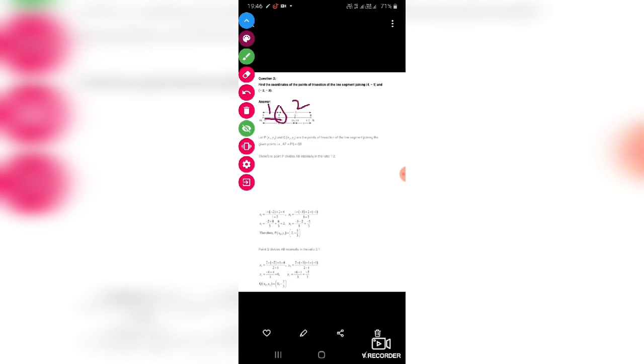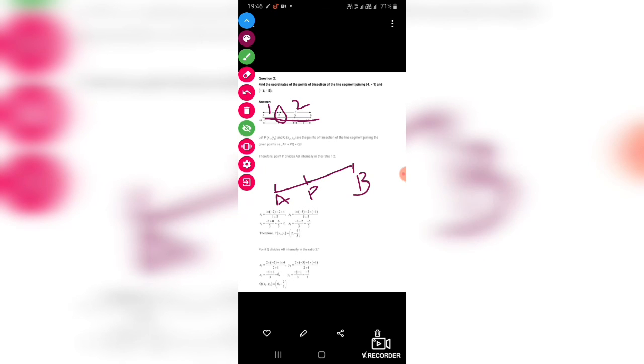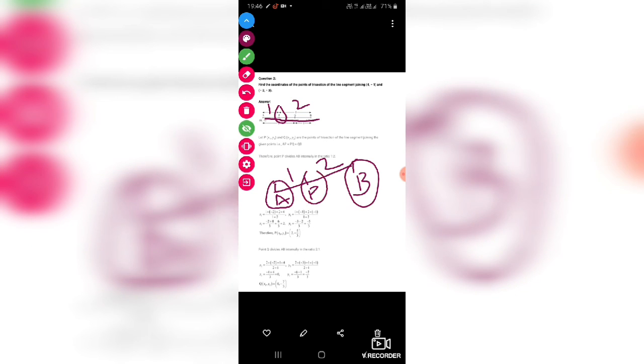So AP is 1 only, but PB is 2. So 1:2. So for finding P, with A and B, this is 1 and this is 2. And this coordinate we know, we will get this coordinate. This is our M and this is our N.